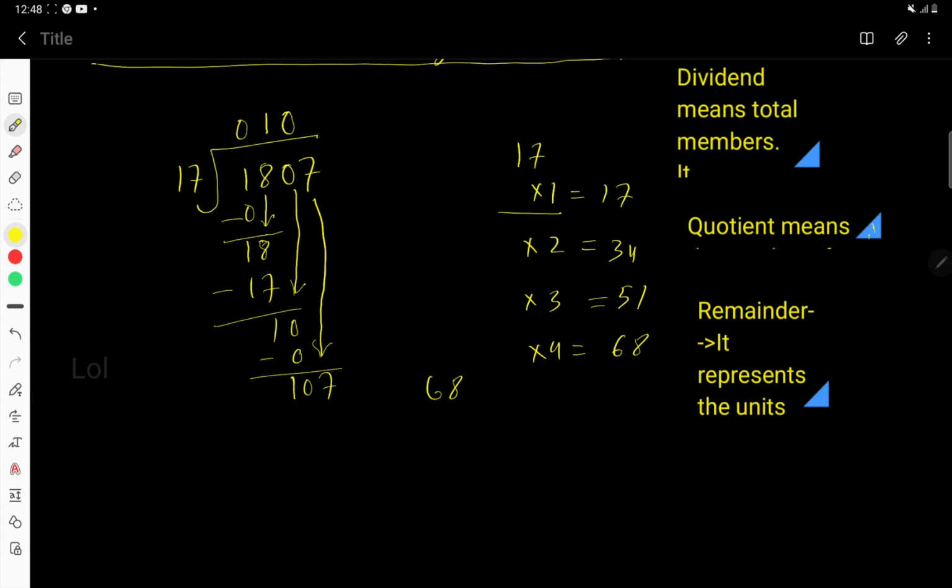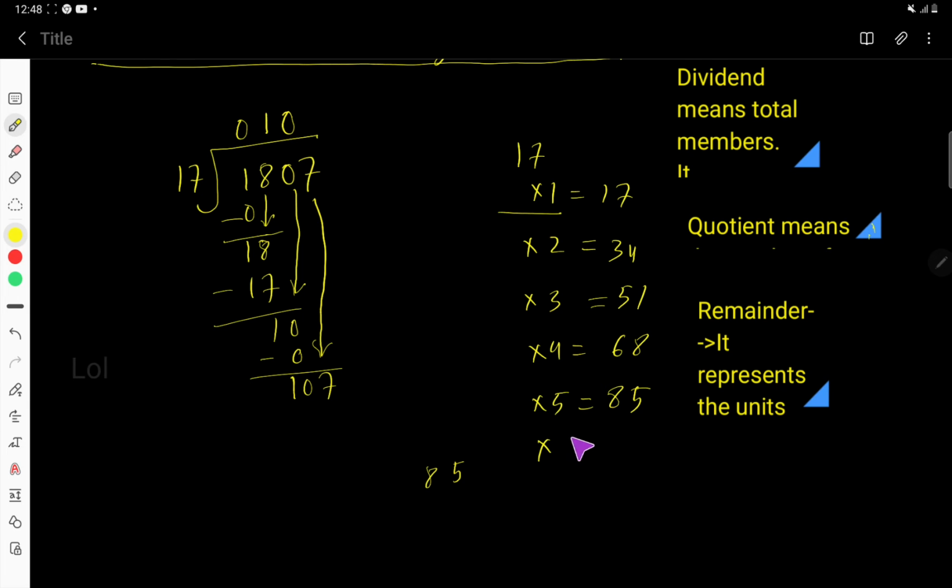Then what will happen? 17 times 5. Just add 17 with this number. What is happening here? 7 plus 8, 15. So we have to write 5 and carry 1. 7, 8, 85, right? 85.